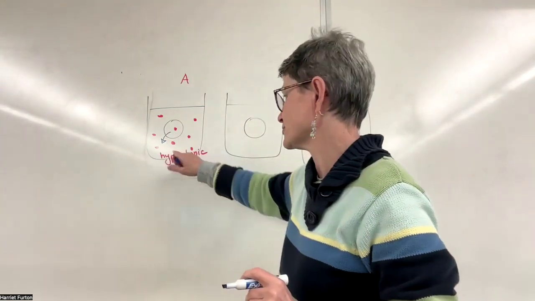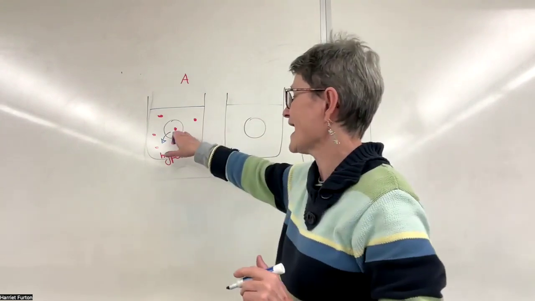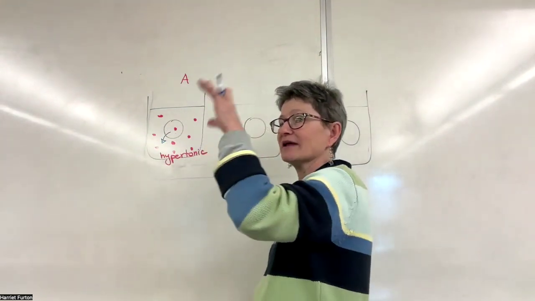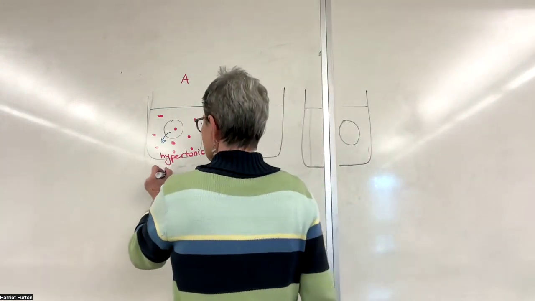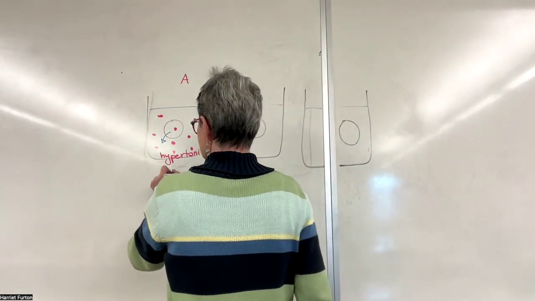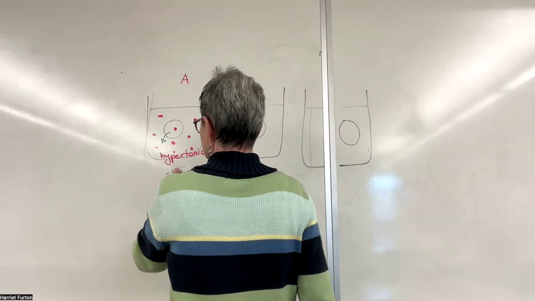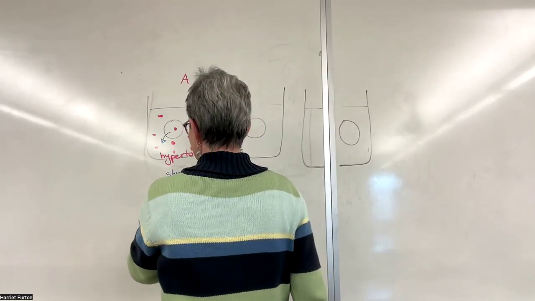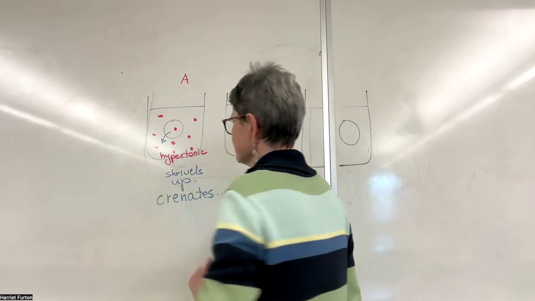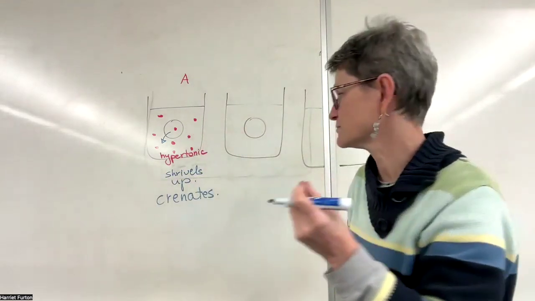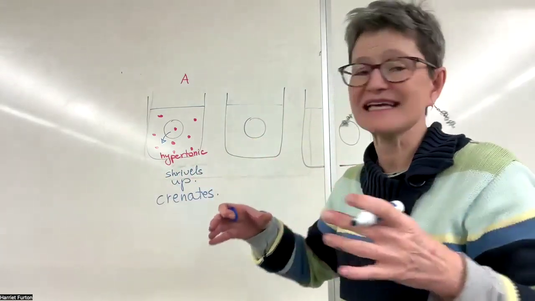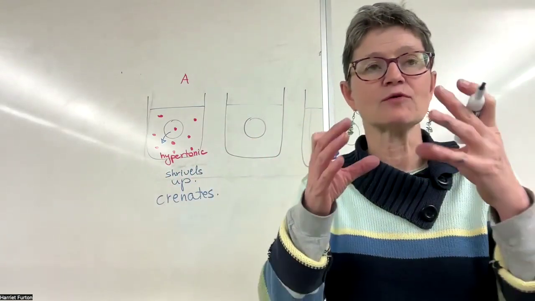because water moves from hypo to hypertonic area. So what happens with the cell, if it's an animal cell without cell wall, it will shrivel up. It crenates, it will be smaller. Also, in the plant cells, we call it plasmolysis.